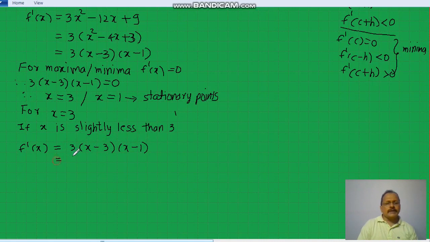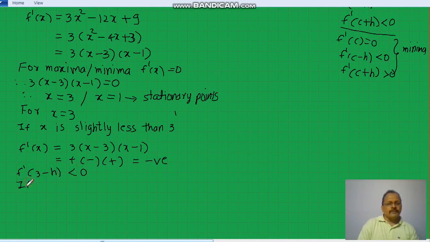Here we are assuming that x is slightly less than 3, that is, it is very near to 3. A number less than 3 minus 3 gives you a negative number. Now, a number near to 3 minus 1 gives you a positive number. So, in that case, f dash at a point left of 3 is negative. So, the first condition, f dash (3 minus h) is negative.